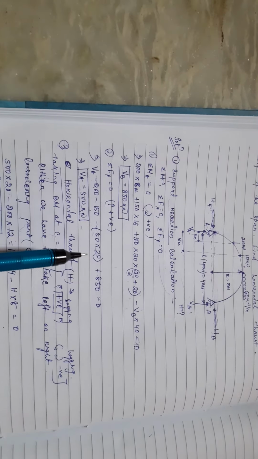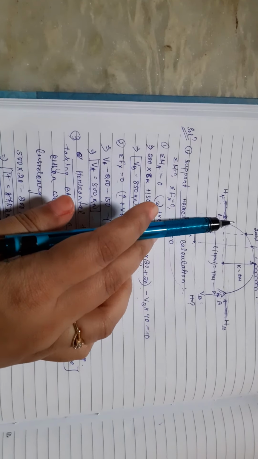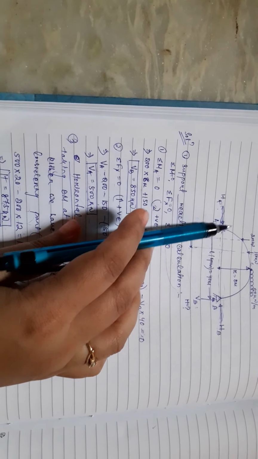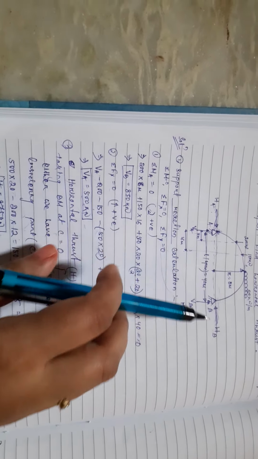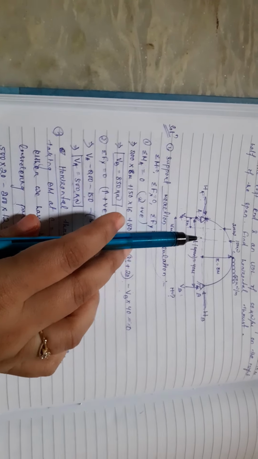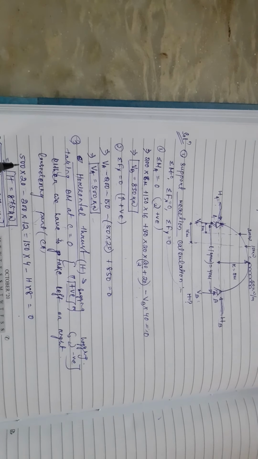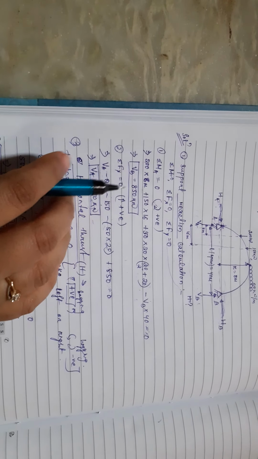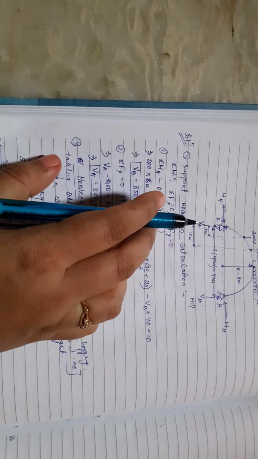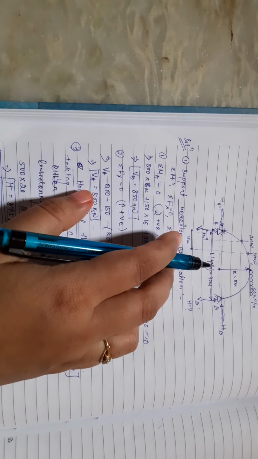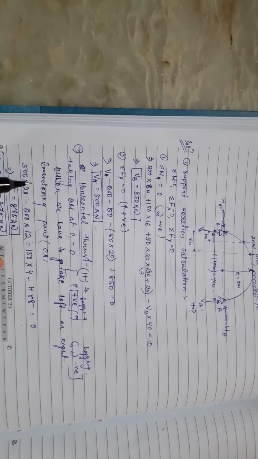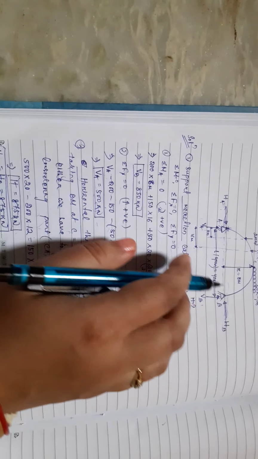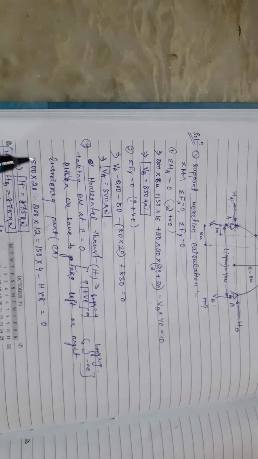In taking the left half of the arch, clockwise moment is positive and anti-clockwise is negative. Here 500 kilonewton is VA, VA into its perpendicular distance 20. It is acting clockwise, so it is positive.